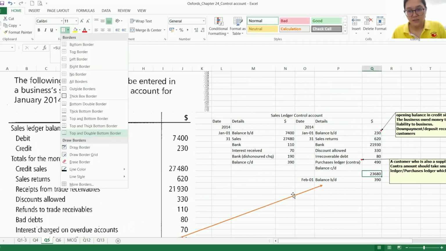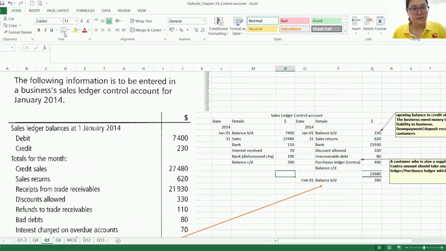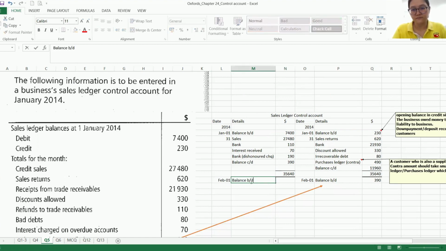Okay, now the next thing, we subtotal first. Okay, here debit more than the credit. So our balance carried out is in the credit side. Okay, so this amount will transfer to here, February 1st, balance brought down, and the amount is this amount.